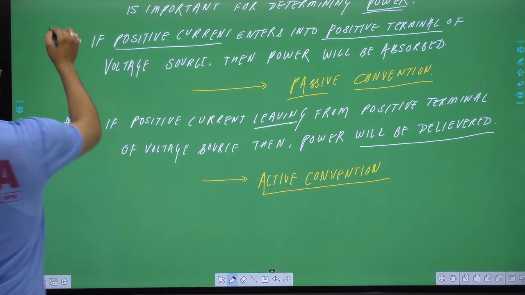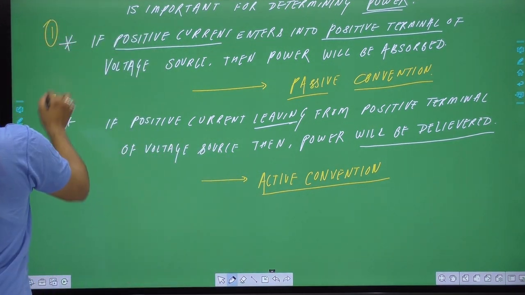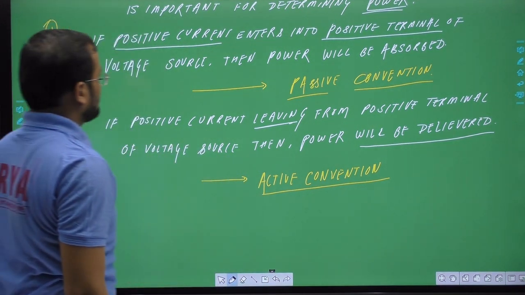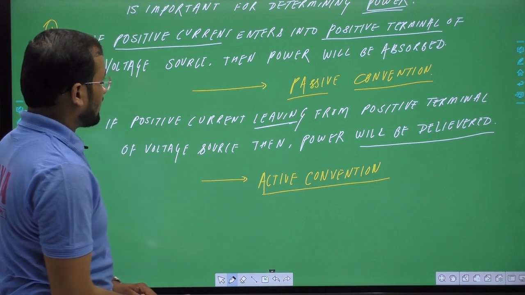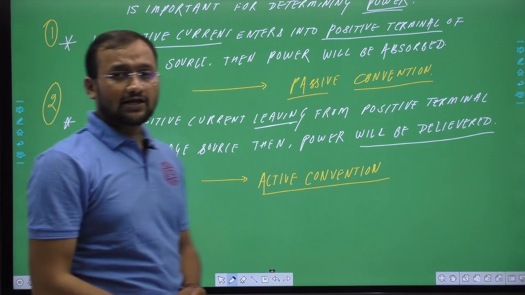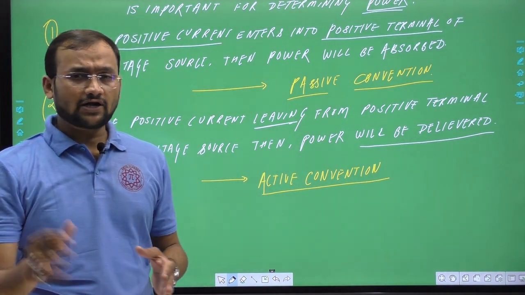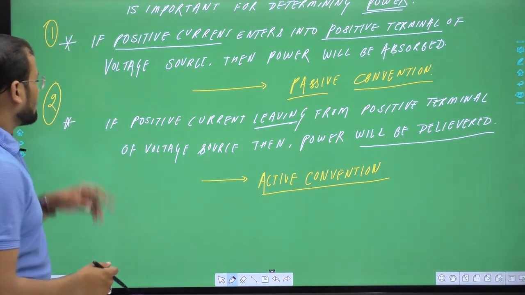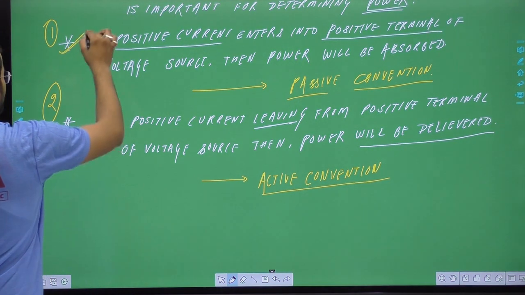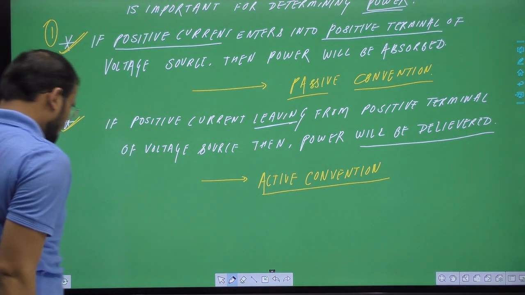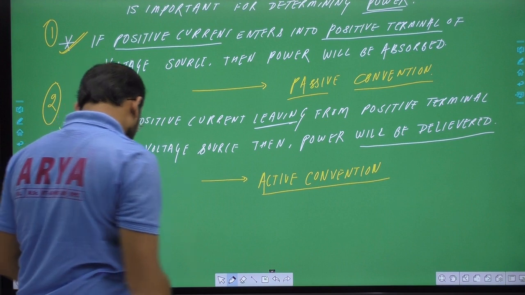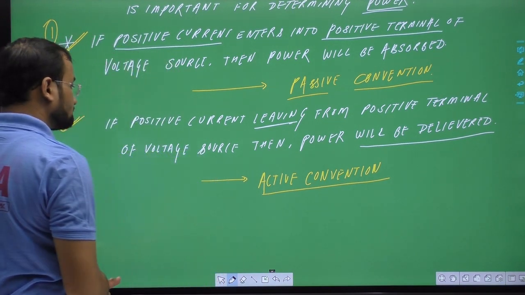Okay, so when we are measuring power absorbed and power delivered across any element, that element may be a voltage source, current source, resistor or any other, we have to keep in mind these two definitions.